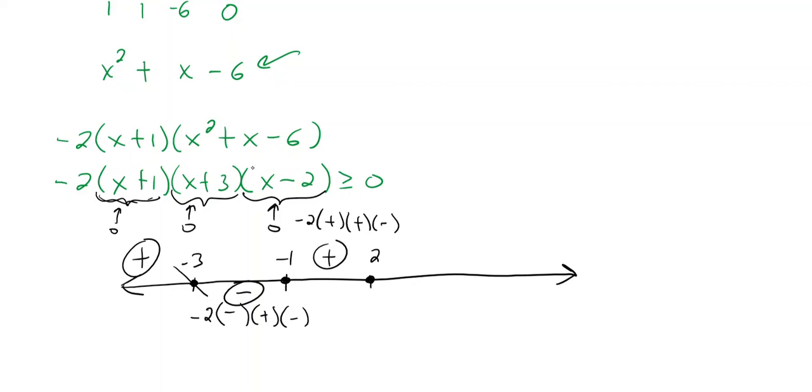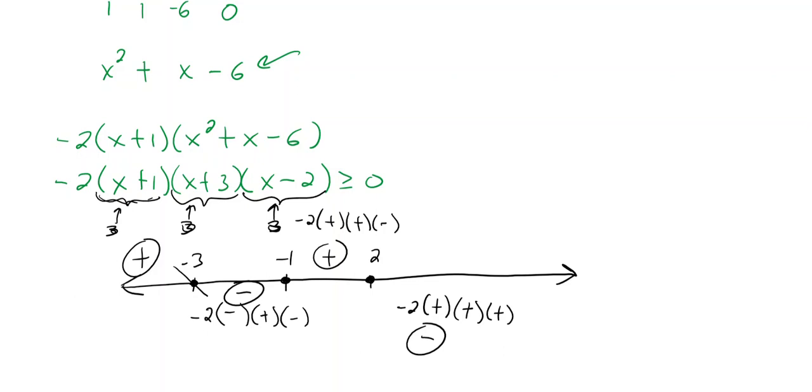And then if we threw 3 in, a test value of 3 for all these, that would be -2, and then positive for the first factor, and then positive, and then positive. So I've got -2 times 3 positives. That thing is coming out negative. That's exactly like we were expecting, right?